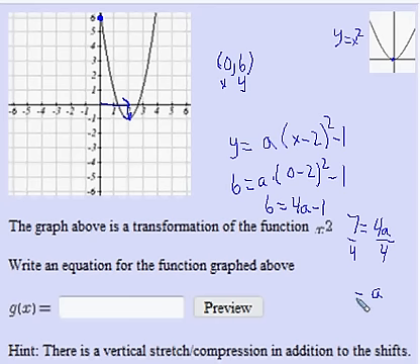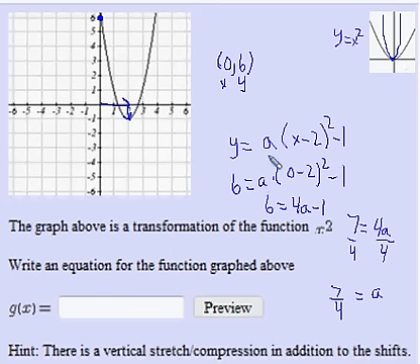So I found that the a value is 7/4, which is a number bigger than 1, so what that means is that the new parabola would be skinnier than the old. So if this is y equals x squared, your new parabola, by multiplying by 7/4, would make it skinnier. It would vertically stretch it, in addition to moving it to the right 2 units and down 1.